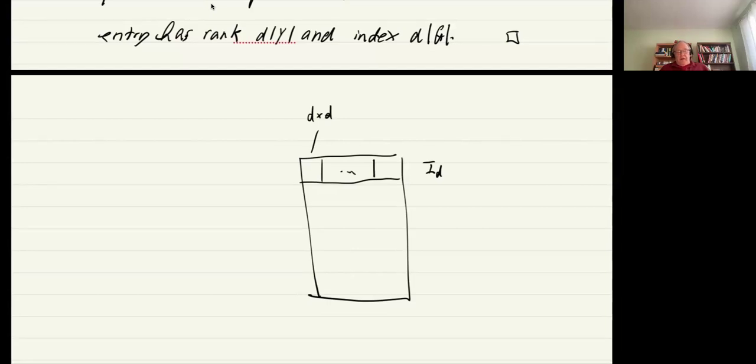Now, if these each have rank R, they're pairwise orthogonal.